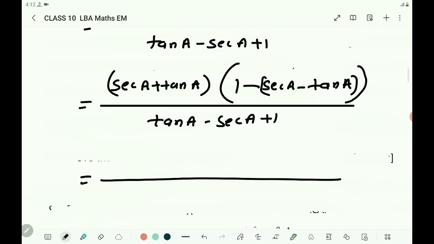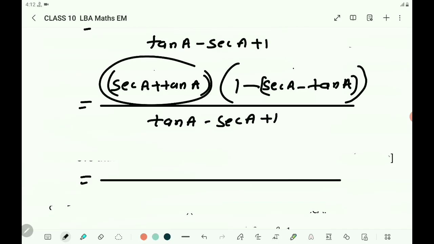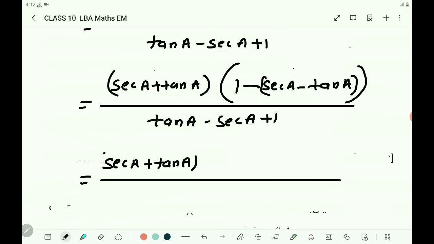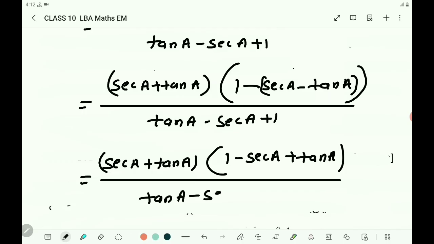Now write this in the first bracket, secant a plus tan a, here write 1 and open the bracket, minus secant a plus tan a, that by tan a minus secant a plus 1.